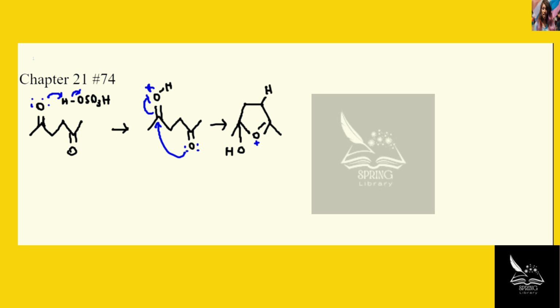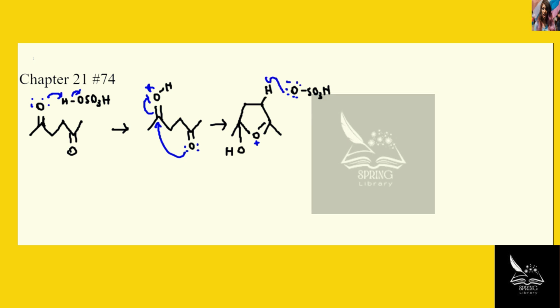In order to relieve that plus charge on the oxygen and to form the first of the double bonds in our furan, we can use the conjugate base of the sulfuric acid that we used in the first step. So it has a negative charge. This oxygen has 3 lone pairs.